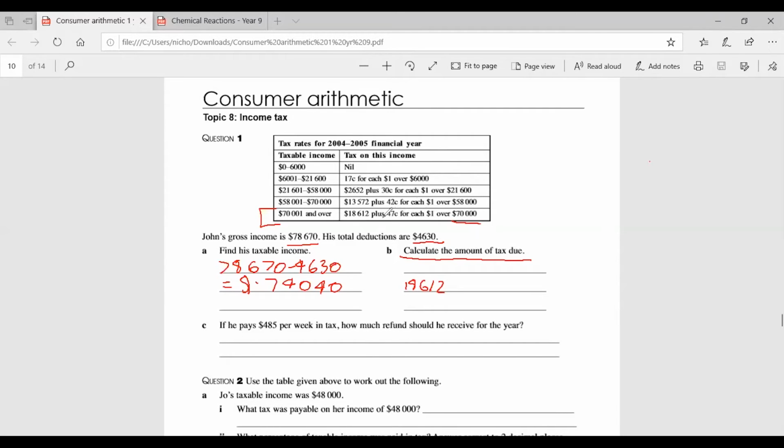So how would we find that amount? Any ideas? He's over by 4,040, and we're paying 47 cents for each dollar. We times 4,040.